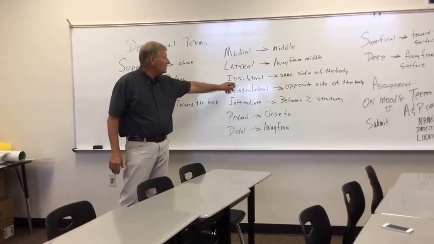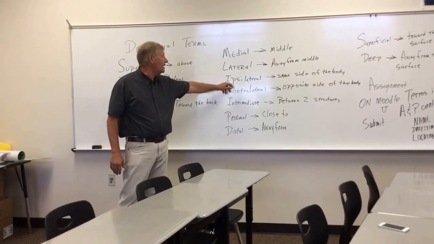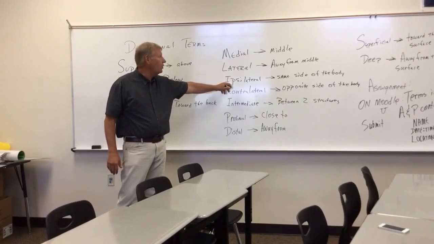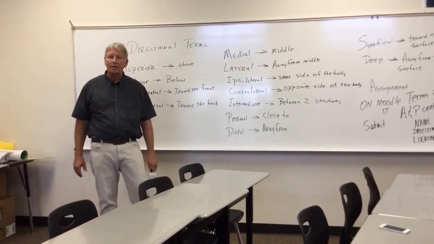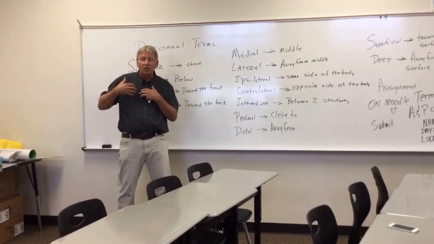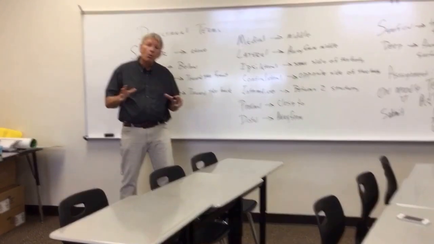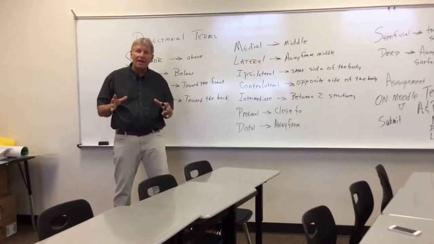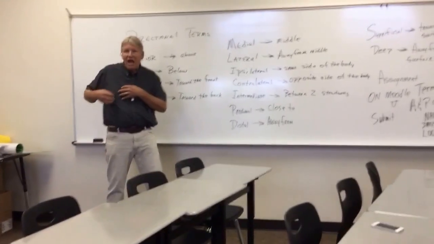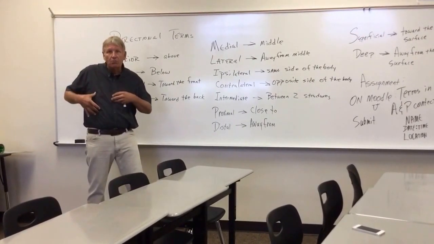Then we have ipsilateral, I-P-S-I-L-A-T-E-R-A-L. Ipsilateral means same side of the body. So I may have something that's on the same side of the body. What if I'm a cardiologist looking at clots and I find that I have two clots that are ipsilateral, meaning they're on the same side of the body?